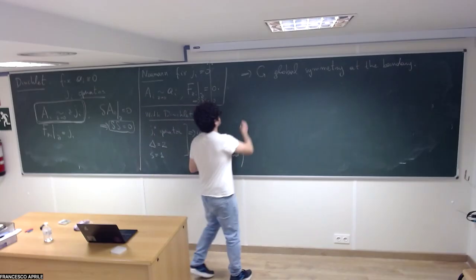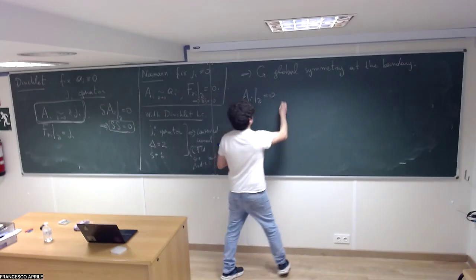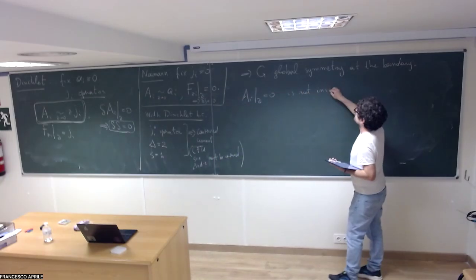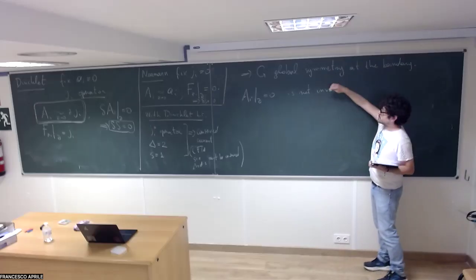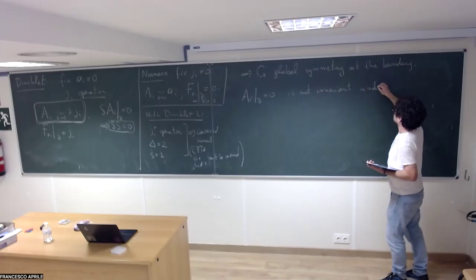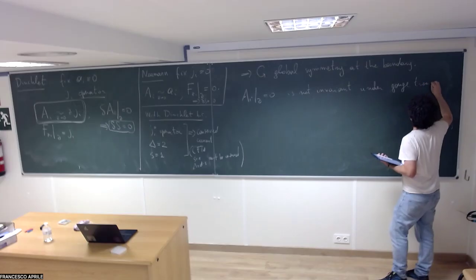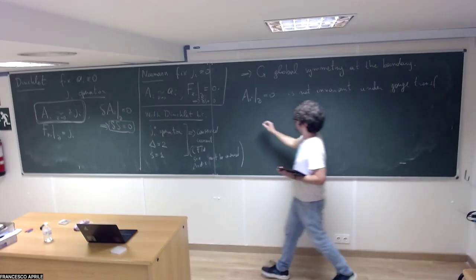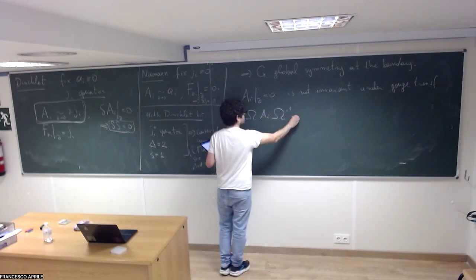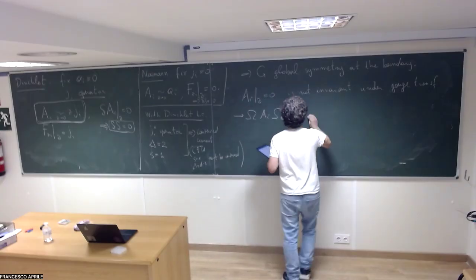My boundary condition is not invariant under gauge transformations. Because remember, A_i will transform into omega, but it also has a non-homogeneous piece.